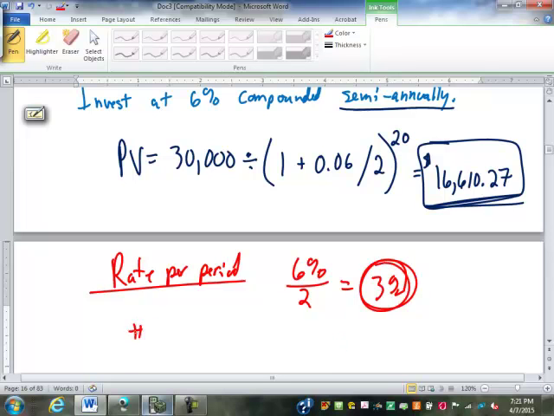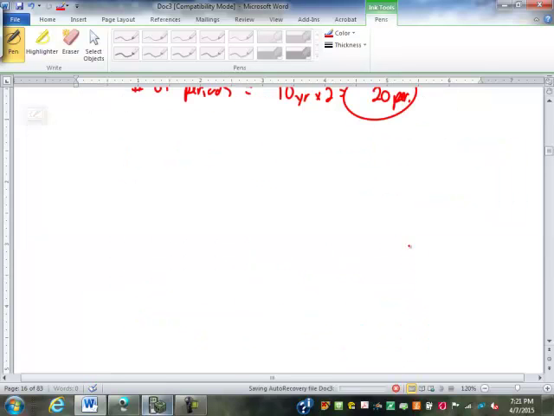Number of periods: 10 years times semi-annually is going to be 20 periods. So on our chart, we've got 20 over here, 3% up here. We get a factor of 0.55368.